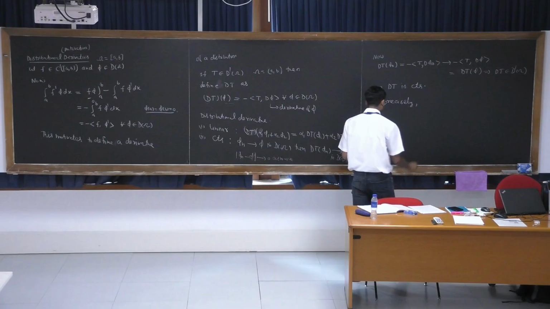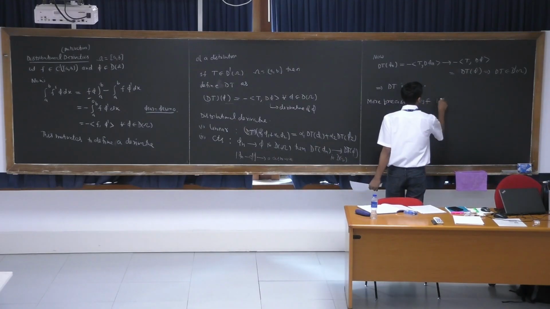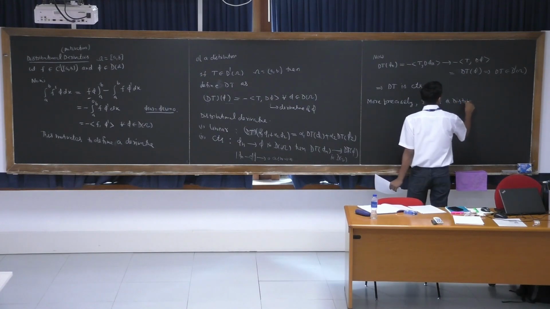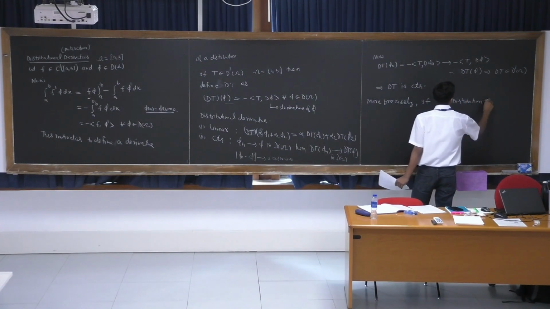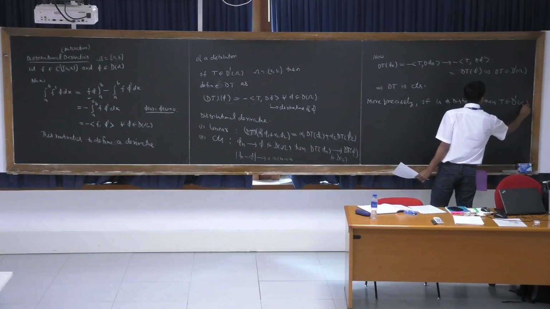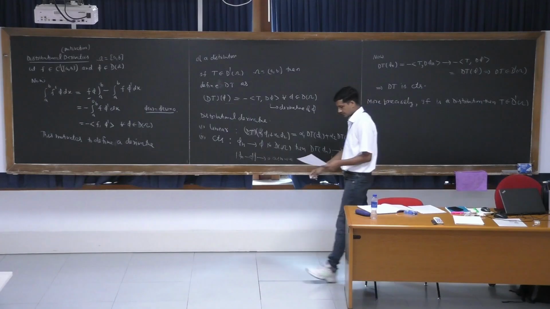More precisely, if T is a distribution, then dt belongs to D dash of this.